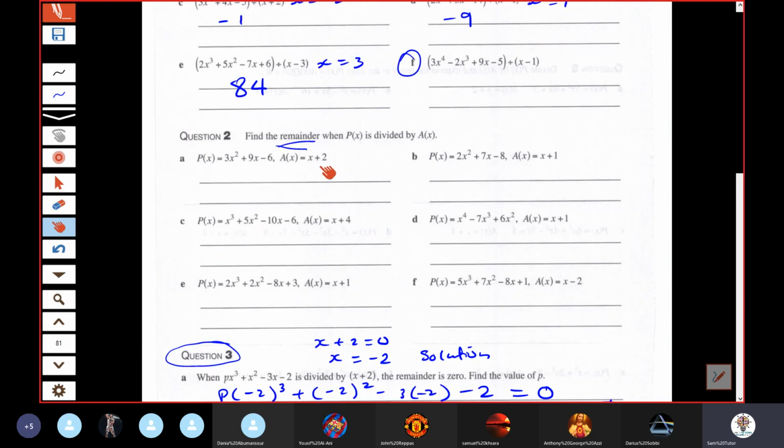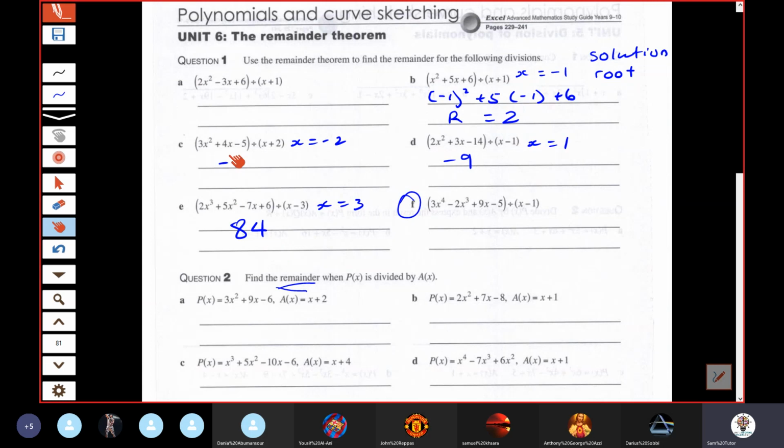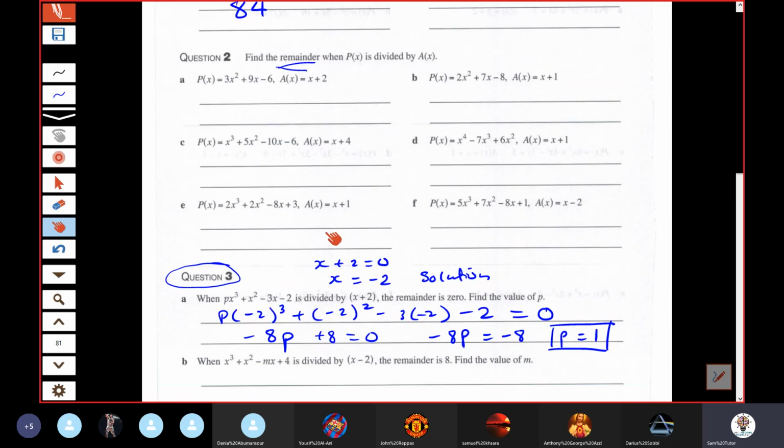Well, for the questions we just did above, we understand that this divided by this gave us a remainder of negative 1. How? We would have solved this, negative 2, stubbed that in, and it needed to equal negative 1, right? Exactly the same logic we're going to bring down here.